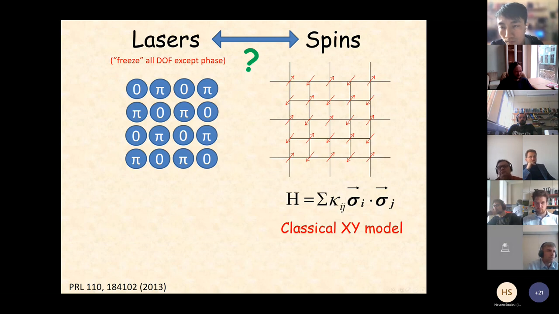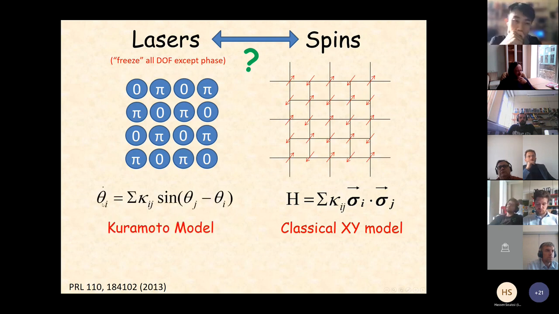Now, next, I want to describe the system of coupled lasers. Usually, I would need 3 equations for each laser, so 3n equations. But because I froze the intensity, and freezing the intensity also freezes the gain, which doesn't care about the phase, I'm only left with a single equation for every laser. And this single equation looks like that. It's an equation for the dynamics of the phase of laser i, and you see it depends on the phase of all the other lasers that are coupled to it with the coupling coefficient, Kij, which I wrote similarly to here.